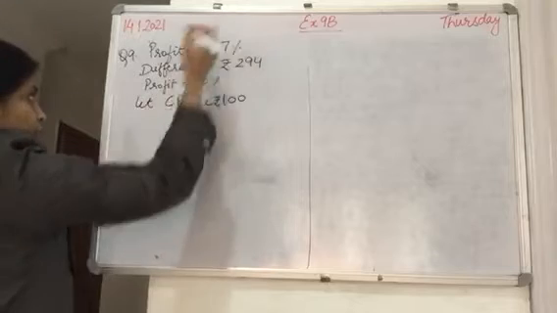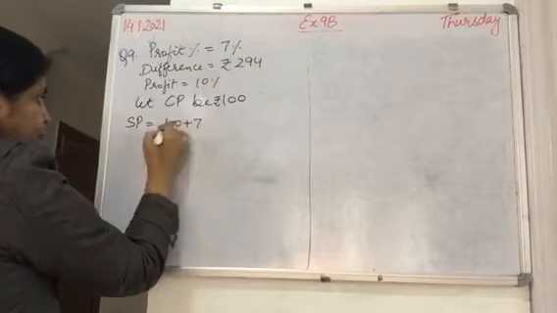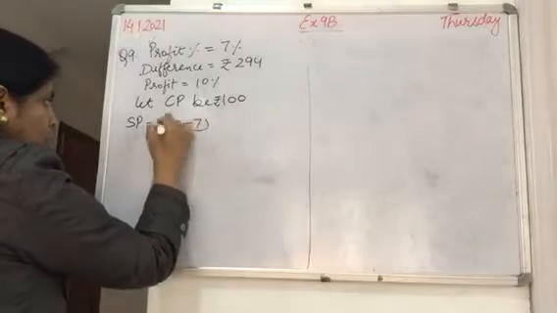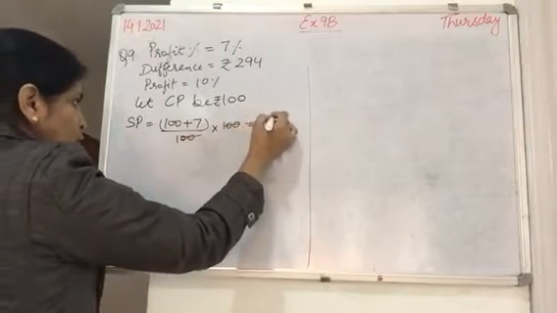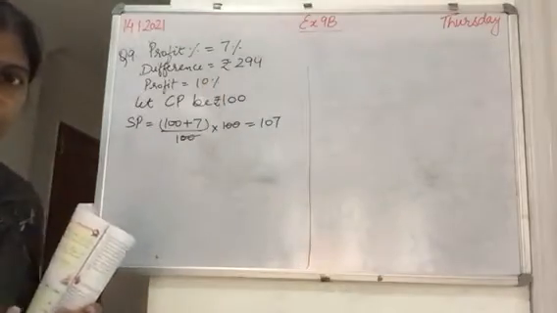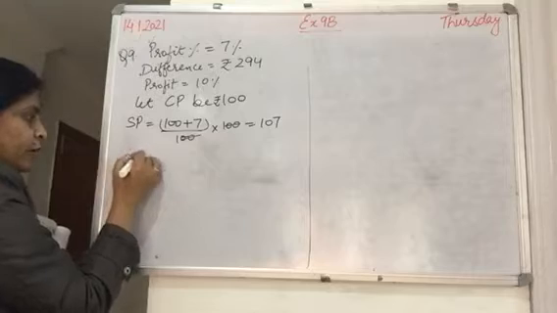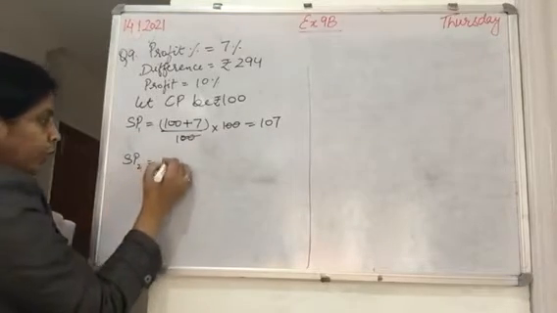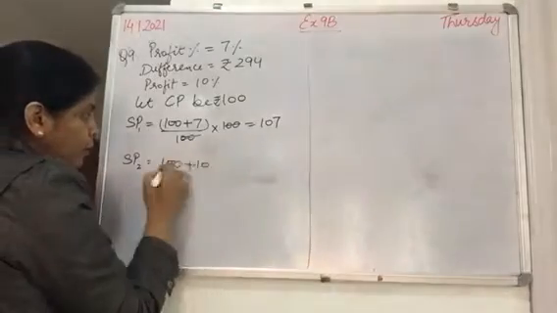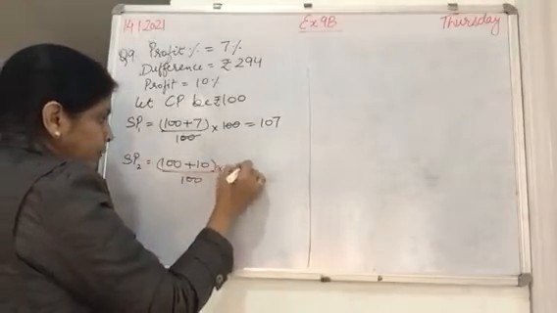Now profit is 7%, so selling price will be (100 plus 7) upon 100 into CP. CP is 100. So it is 107. This is the first situation. Now we will take the second situation. Selling price, I am writing 1 and 2: 100 plus 10 upon 100 into 100.